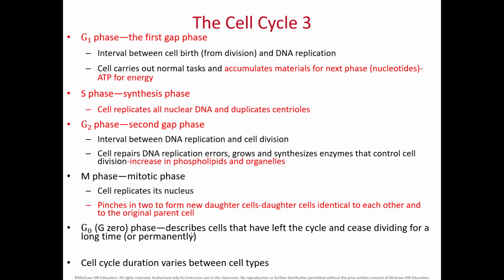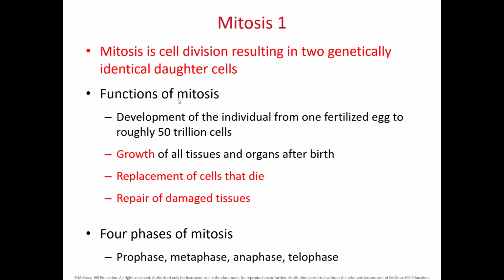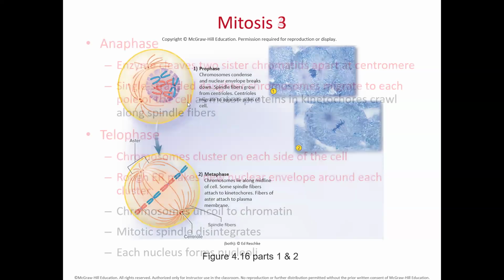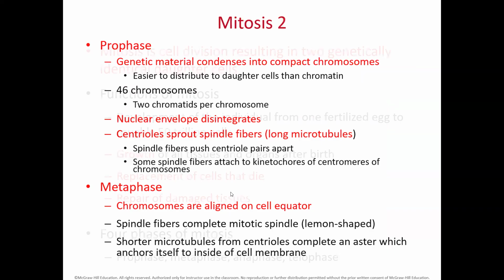One cell is going to have one copy of chromosome one from dad, right? That's going to be the way it goes all the way through to 23, right? And again, in mitosis, we're going to see that there are those phases: prophase, metaphase, anaphase, telophase, right? So kind of know what happens in each of the phases.